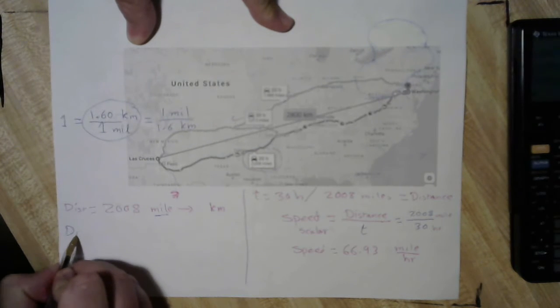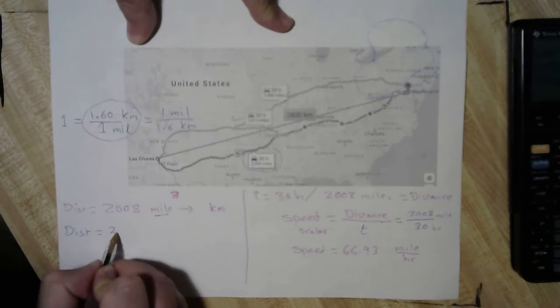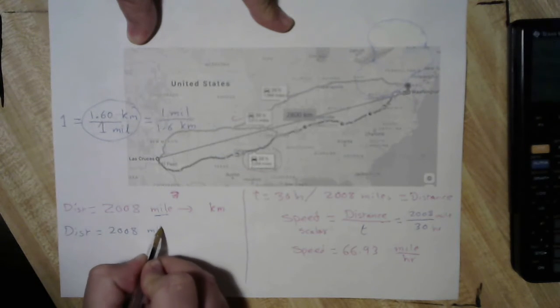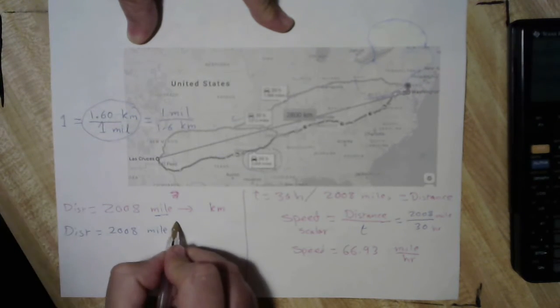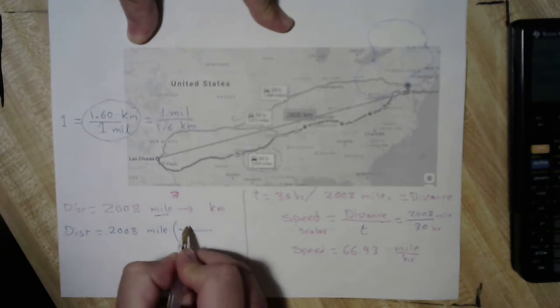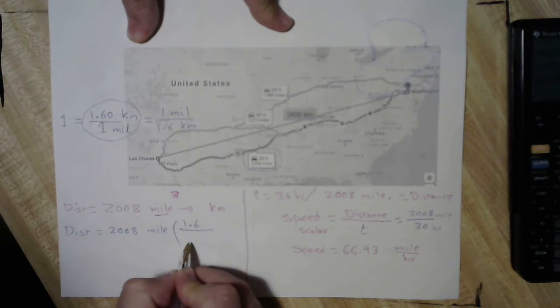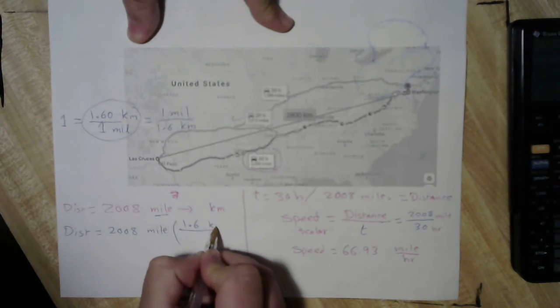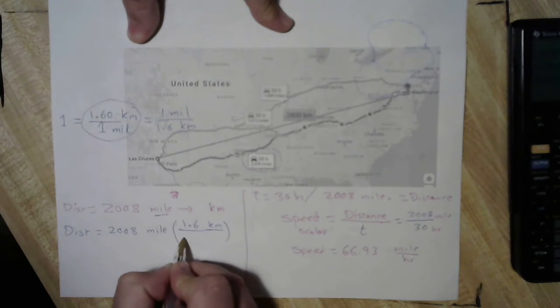So distance will equal to 2008 miles multiplied by 1. This is 1 and this is 1. I need to use this one, 1.6 kilometers divided by 1 mile.